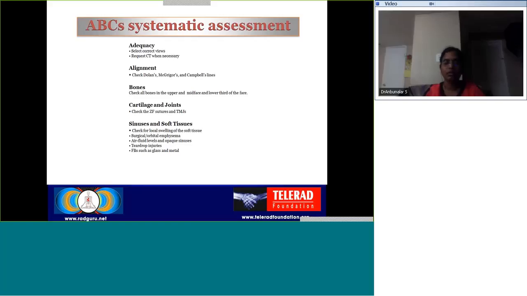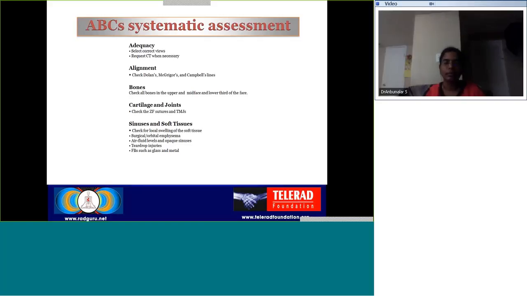And then the sinuses and soft tissue imaging: please check for local soft tissue swelling and surgical emphysema, especially in the orbit. In the sinuses, look for an air fluid level in the opaque sinuses. In the orbit, the teardrop injuries are to be taken care of, especially in orbital floor imaging. And foreign bodies such as glass and metals have to be mentioned, with the size of the foreign body.